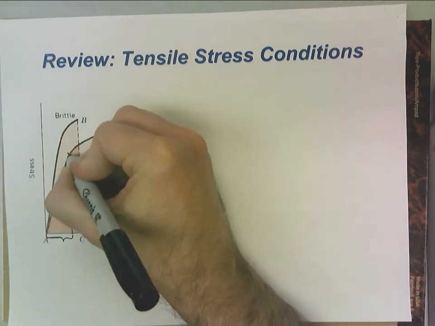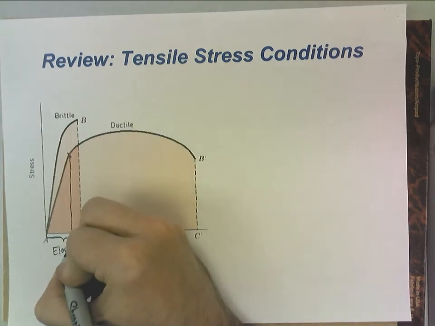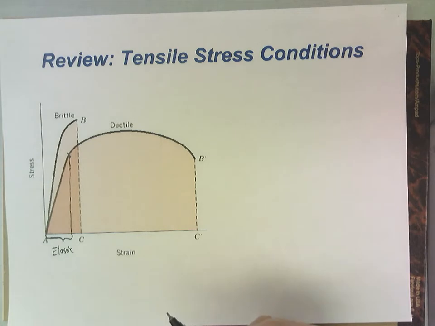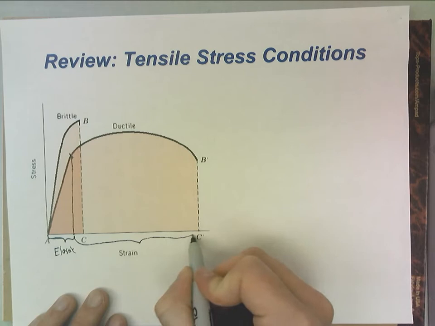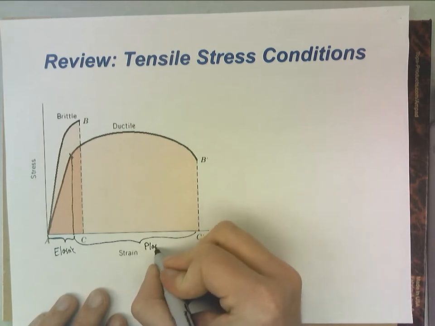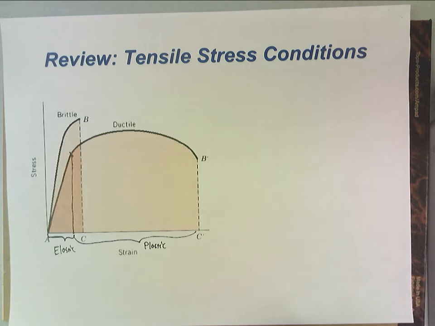So up here, approximately where we quit being linear, that should be elastic, and then the remainder of the material deformation will be plastic. That's the part that does not spring back.